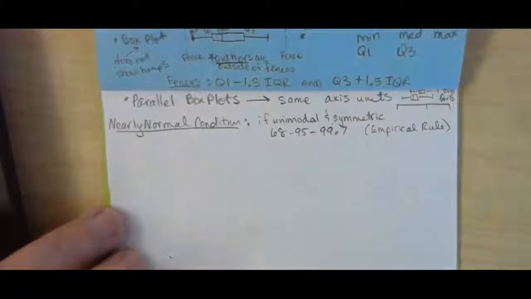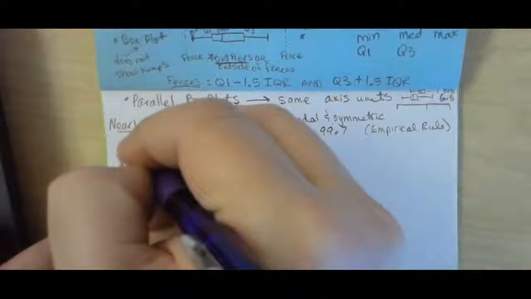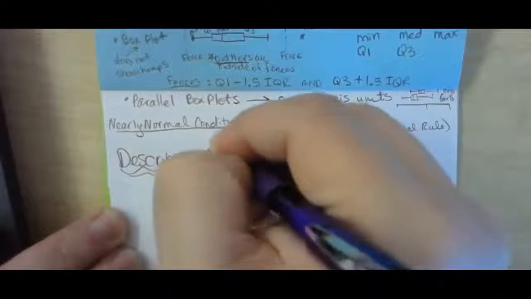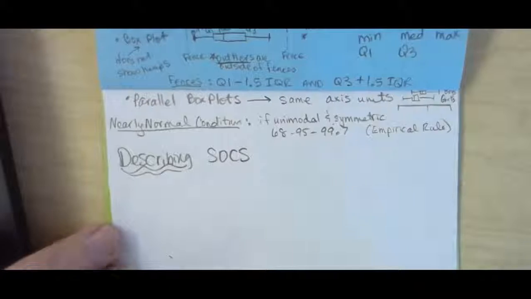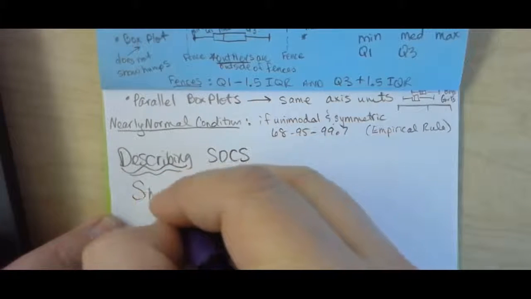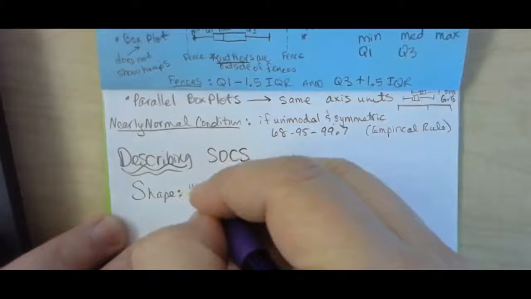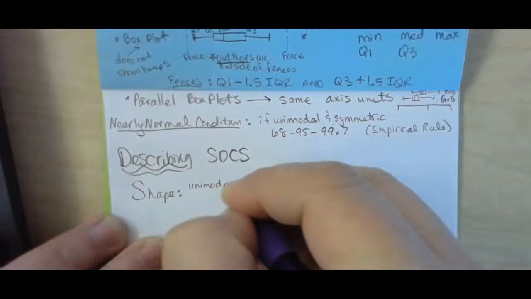All right, the last thing that we have is describing normal models and or quantitative data and histograms and box plots, and this is a big thing. And remember, when we describe these, we use our SOCS. So remember, S stood for shape. When we describe the shape, the things you talk about is it being unimodal.